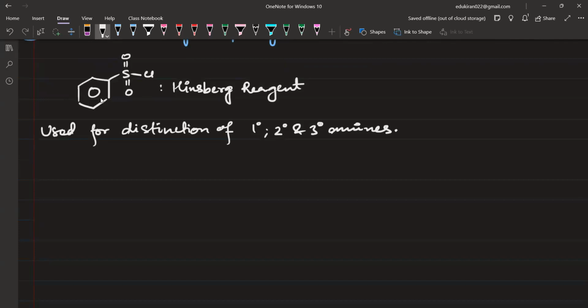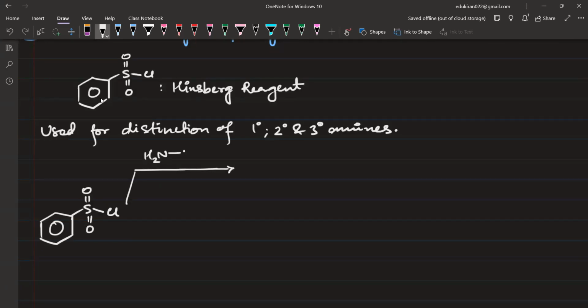See here. Now this Hinsberg reagent is going to show a very similar reaction as we saw in the case of acid chloride. There, HCl is removed, a hydrogen from nitrogen and chlorine from the acid chloride, and the same kind of reaction will happen. We have this benzene sulfonyl chloride, and if you react this with nitrogen which has two hydrogens and an alkyl group, then one hydrogen and chlorine will be removed.